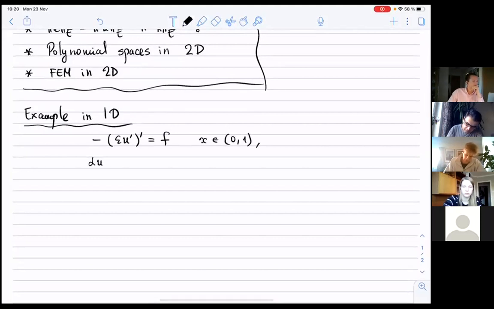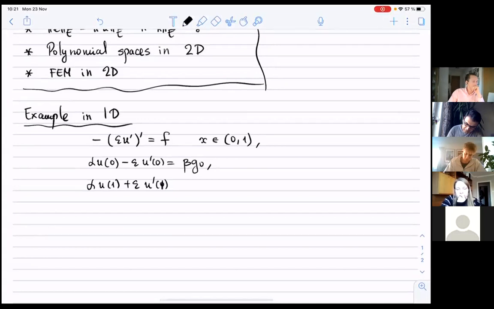So alpha u(0) minus epsilon u prime(0) equals beta g0. And this is on the left, and on the right we have alpha u(1) plus epsilon u prime(1) equals beta g1.